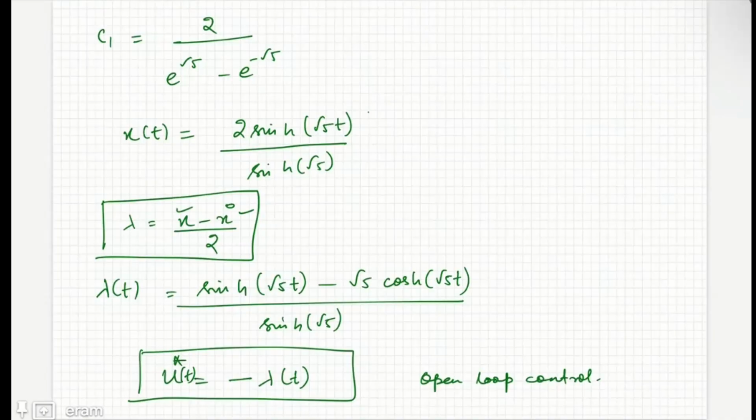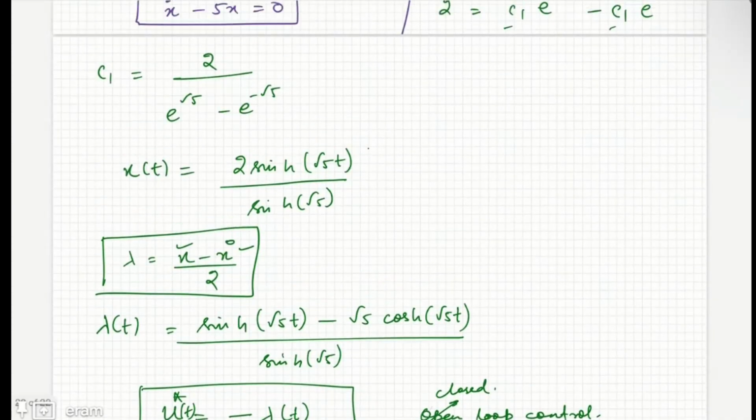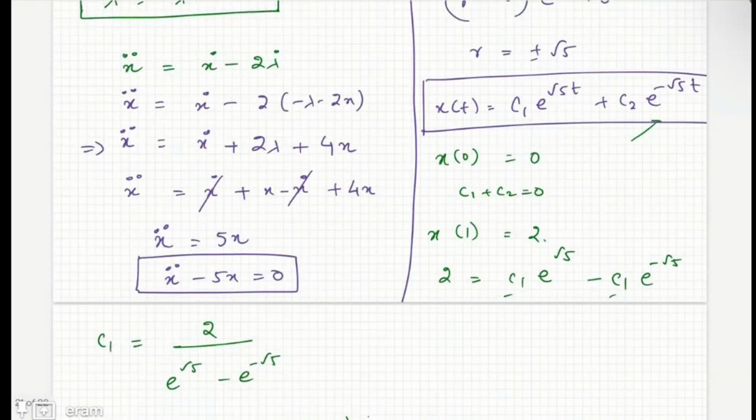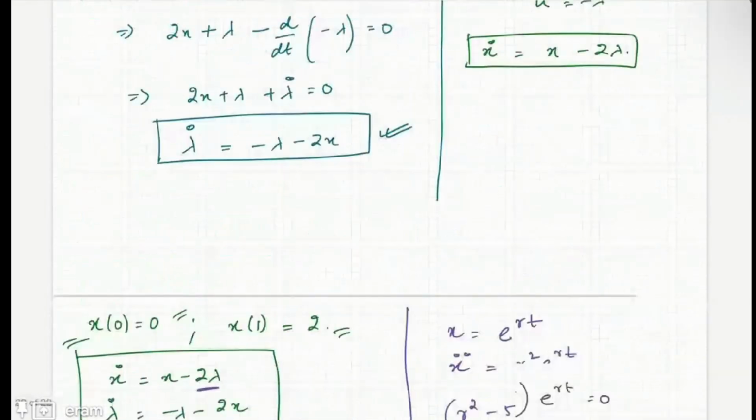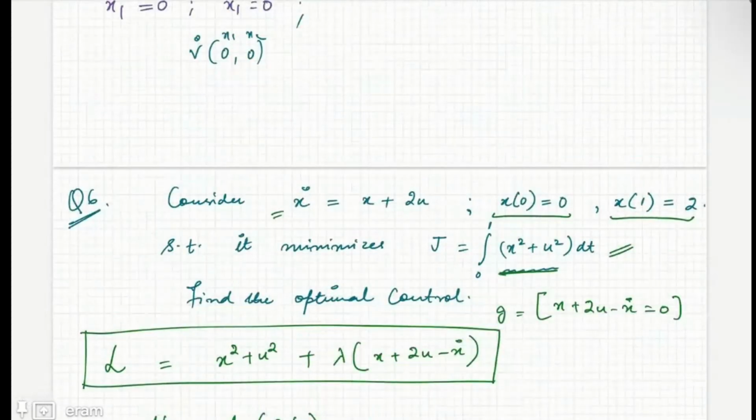If we kept lambda in terms of x, then that would be our closed loop solution. So this is how we can find the expression for optimal control u star that minimizes the cost function and drives our state from an initial state to a final state in some final time t, which in this case is 1 second.